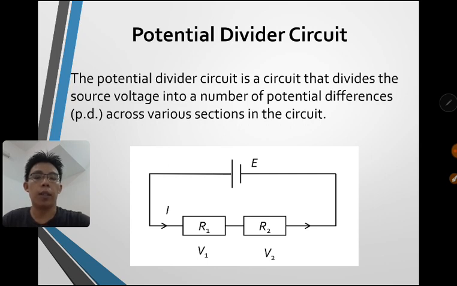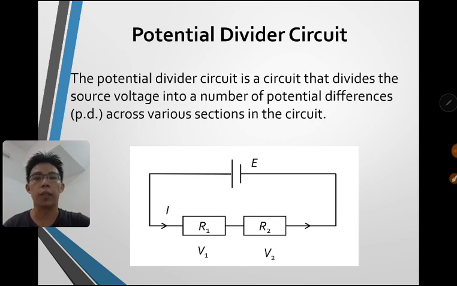So basically you need a series of resistors so that they divide the potential, the EMF of the battery. So if you want half of the EMF of your battery, you pick two resistors of the same resistance, and each of the resistors will take just half of your EMF.